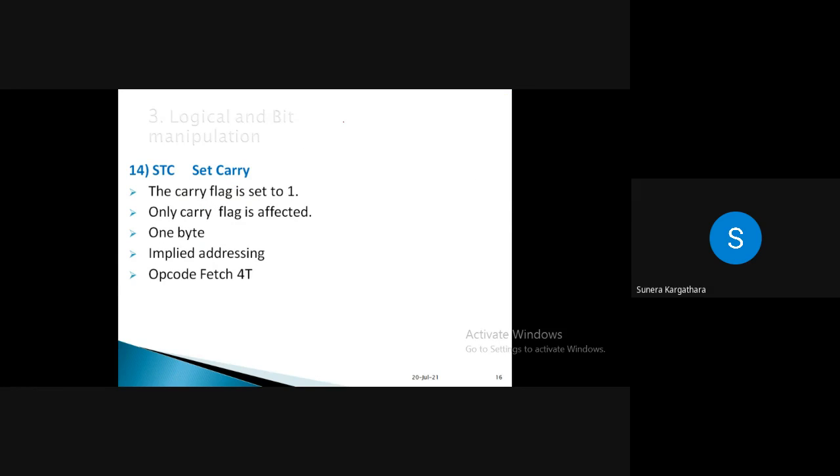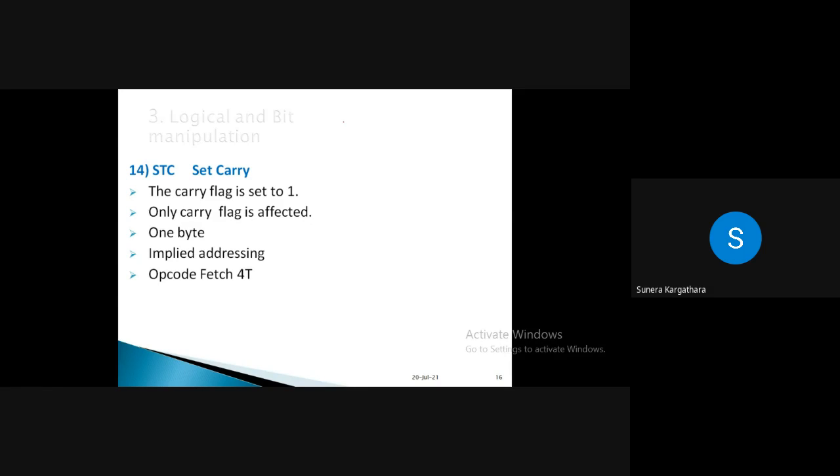Okay. STC is basically used to set your carry flag. Set carry. If you observe the previous instructions, with them we don't have any provision to set or reset any flag. We can check the status of a flag from our result.